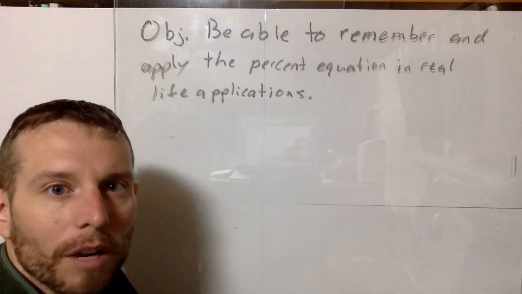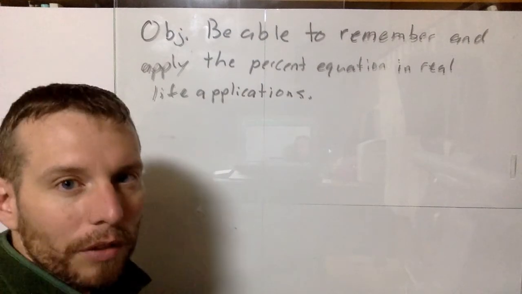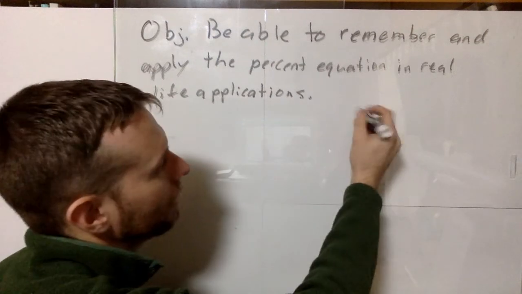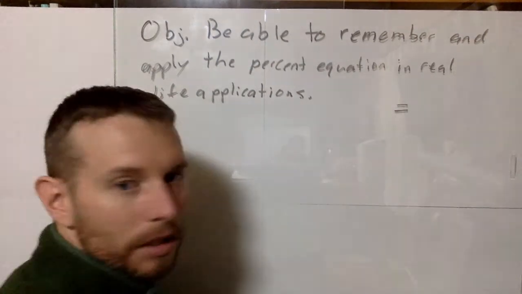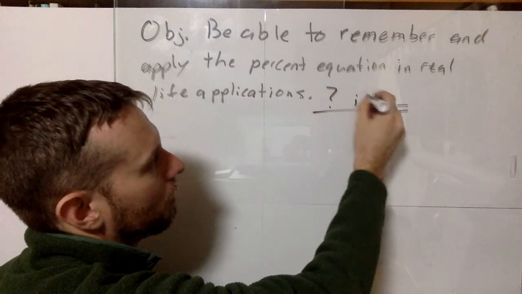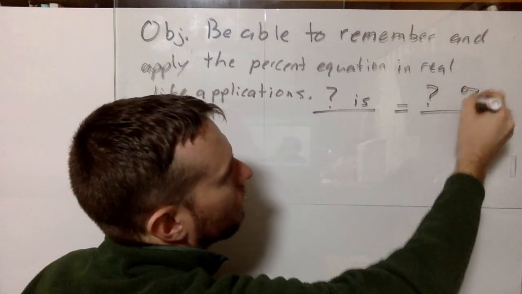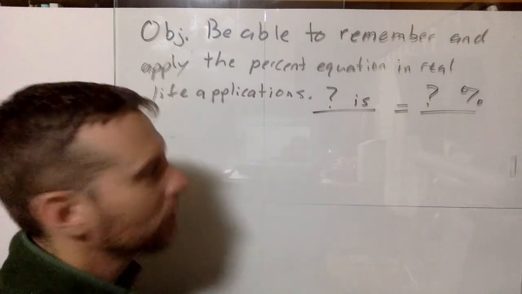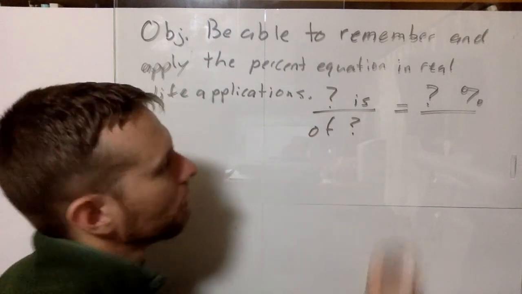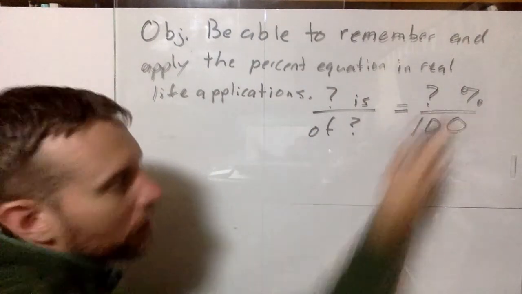So there's one formula I think will help you in solving many different types of percent problems, and the formula goes like this. It's basically set up as a proportion, and you have something is some kind of percent of a number, and then it's out of 100 because percent means out of 100.